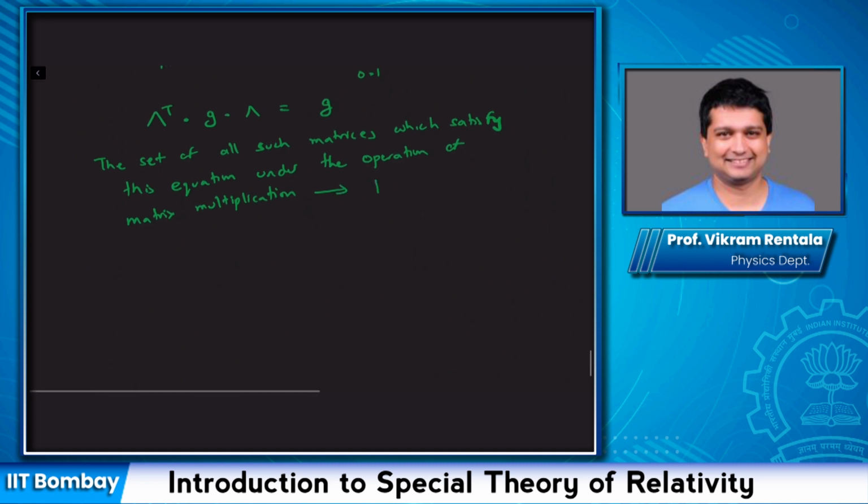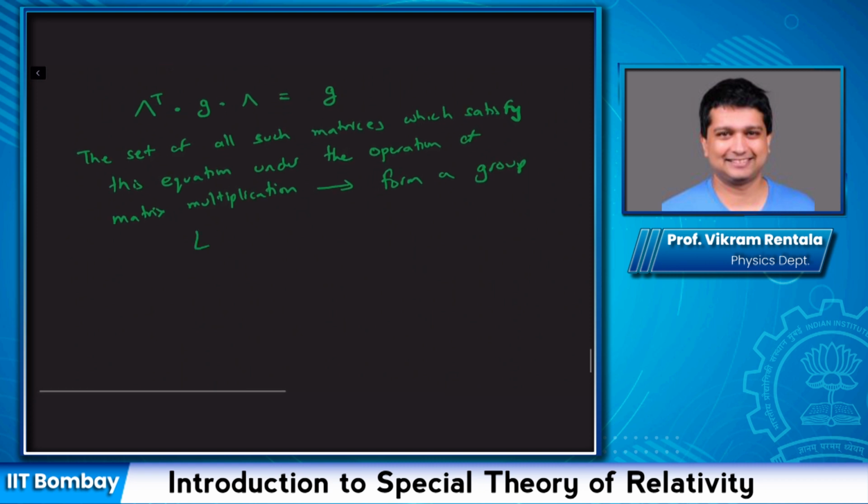These matrices form a group, and this group is called the Lorentz group. So this is a claim. We have to actually check that this set of matrices under the operation of matrix multiplication forms a group.